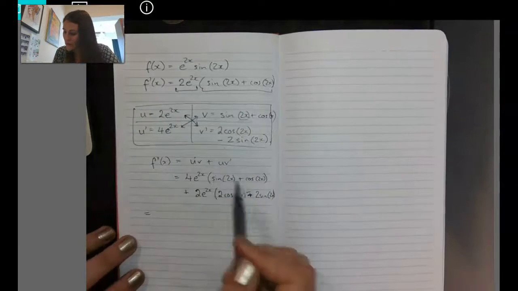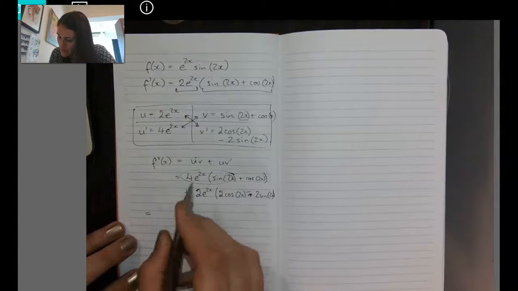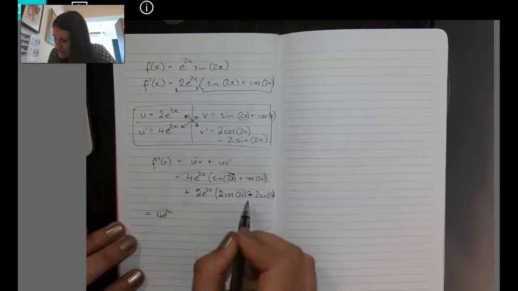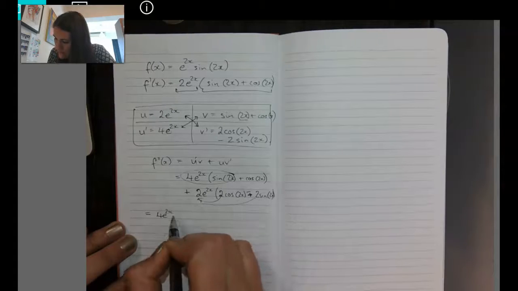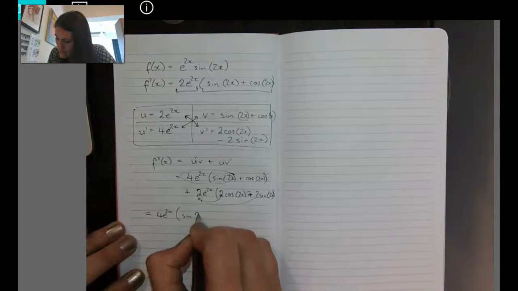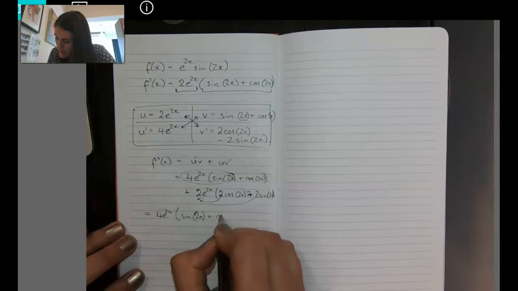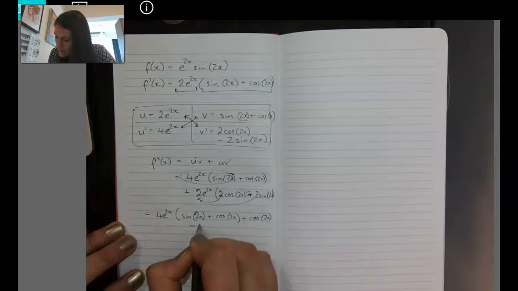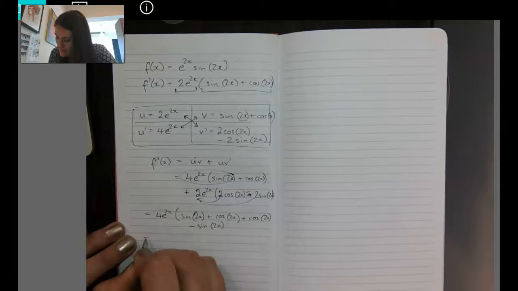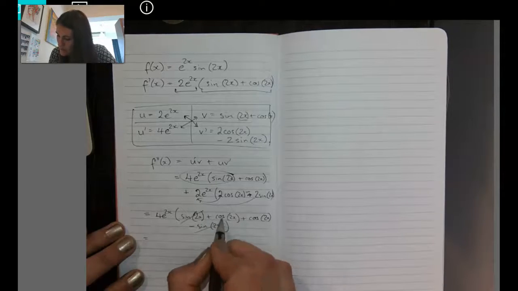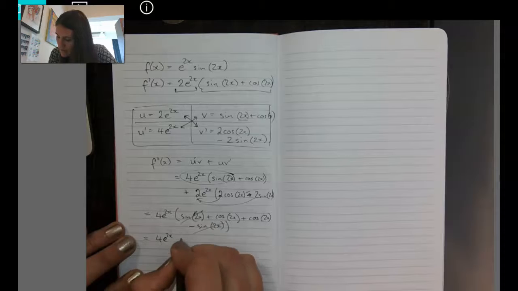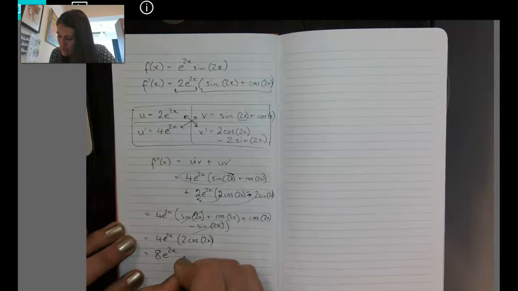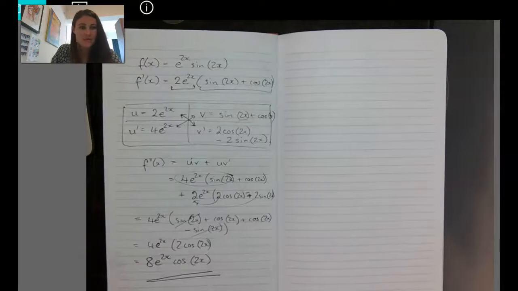Actually, I'll take that 2 out as well, so this would be 4e to the power 2x times sine of 2x plus cos of 2x plus cos of 2x minus sine of 2x. So yes, the two sine bits cancel, and I'm left with 4e to the power 2x, 2 cos of 2x, which is 8e to the power 2x cos 2x, as required.